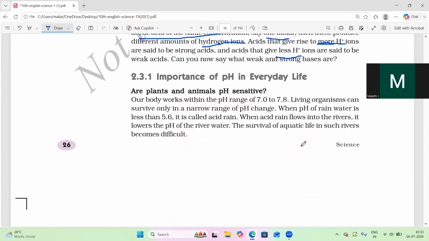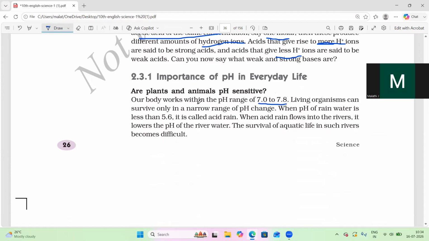One important thing, we'll study another aspect: the importance of pH in our everyday life. What is the importance of pH value? Plants and animals depend on pH. Our body works within a pH range of 7 to 7.8.